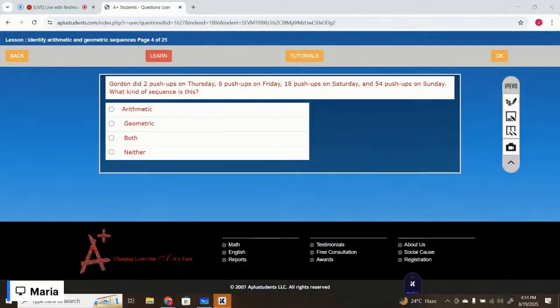So the multiplier is constant. That is a geometric sequence. Option number 2 is the correct option.